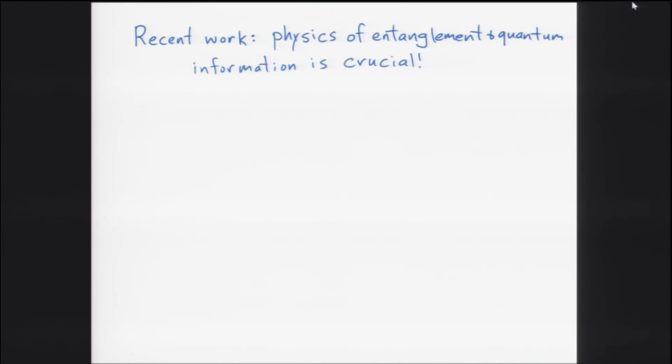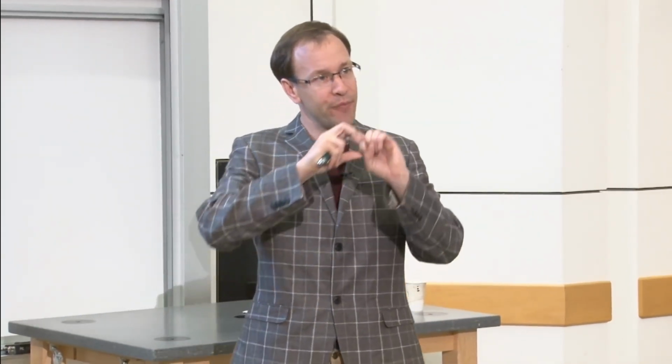There's this suggestion that understanding not conventional field theory physics like scattering amplitudes and correlation functions, but thinking about the quantum field theory in the way that a quantum information theorist would think about it, so asking about things like entanglement, but in the context of the quantum field theory, and other quantum information quantities, that's a crucial step if we want to understand how gravity is emerging, how space-time is being described.